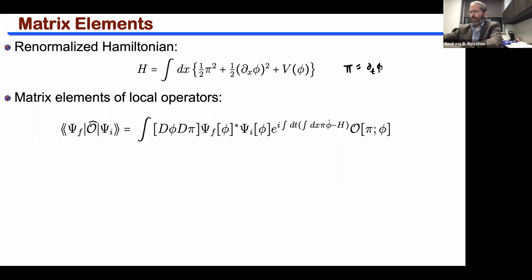So let's kind of break this down a little bit. So this is our phase space measure. Here, we're allowing ourselves to describe the initial and final states by some wave functionals.